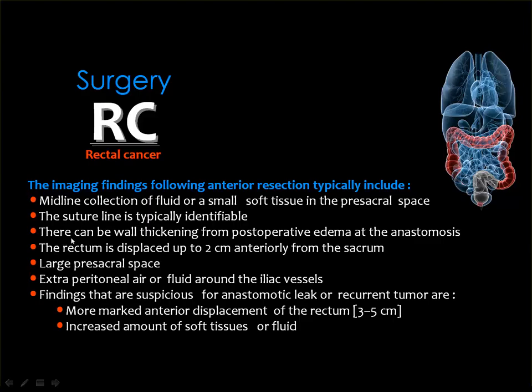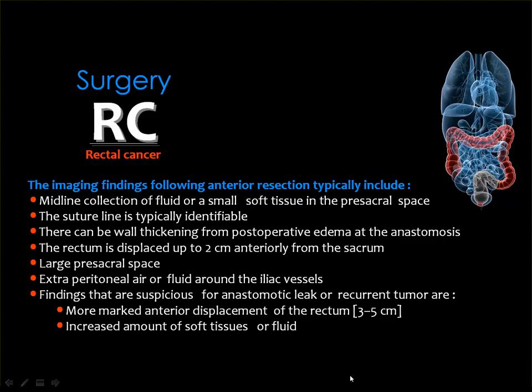Then you may see some wall thickening from postoperative edema, and at the site of anastomosis, the rectum is displaced up to 2 centimeters anteriorly from the sacrum, and you got large presacral space, and you may got extraperitoneal air and fluid collection around the iliac vessels.